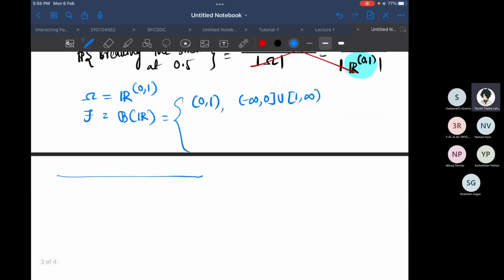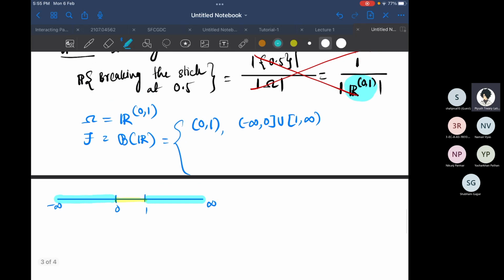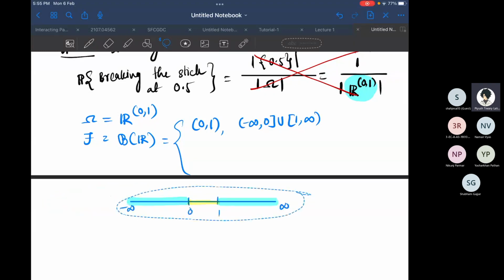Because you have this number line which starts from minus infinity to infinity, and you have 0 here, you have 1 here, and the set that is given to me is this one. The complement of it is everything that is outside of it. Outside of it is this entire thing and this entire thing. So I can take that, that is what I have written here. That is why this would also belong to this set.